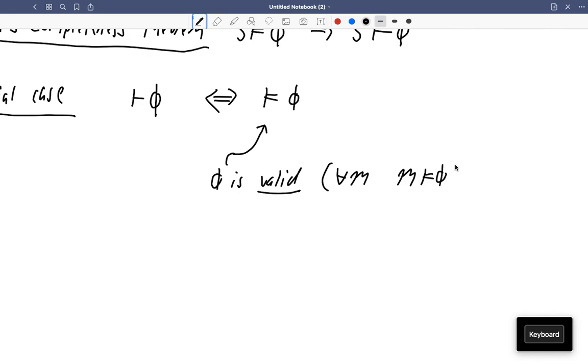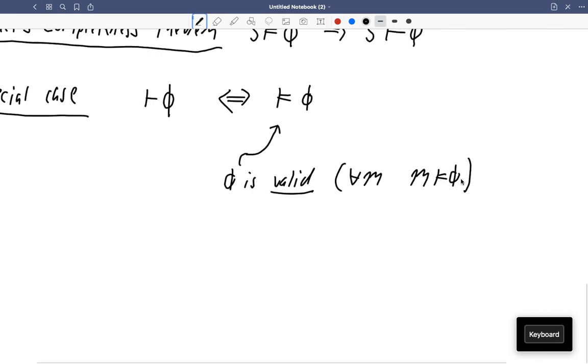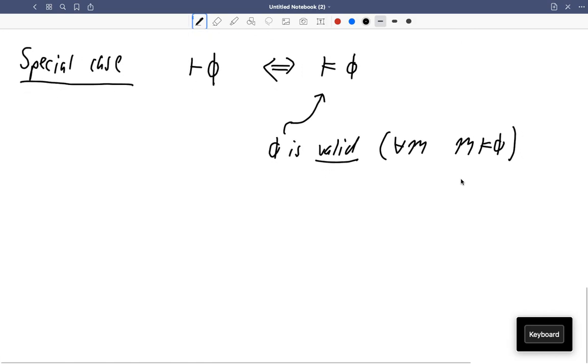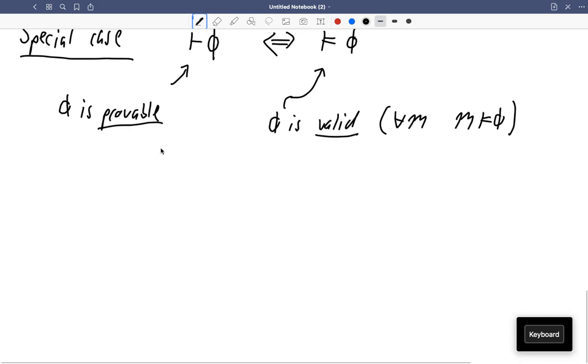So phi is true in every structure for the same signature. And here we just say phi is provable. So we have a handle on validity because the valid sentences correspond exactly to the sentences that are provable using our natural deduction proof rules.